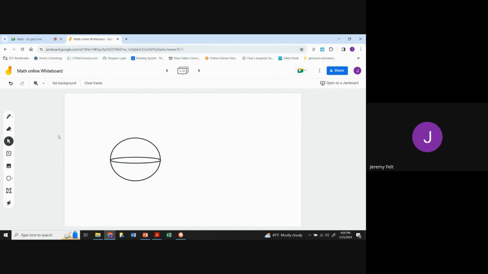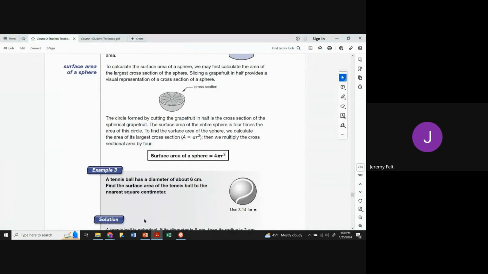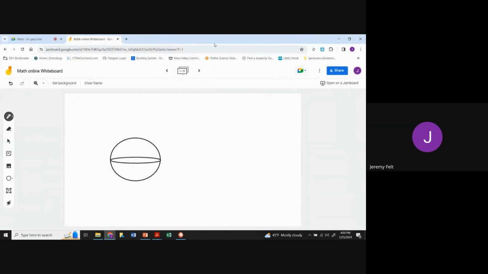So if the diameter is 6, then the radius is going to be 3, so we're going to do pi r squared. So diameter was 6, so just like any other circular object, we know diameter and radius are related. Diameter is always twice the radius.